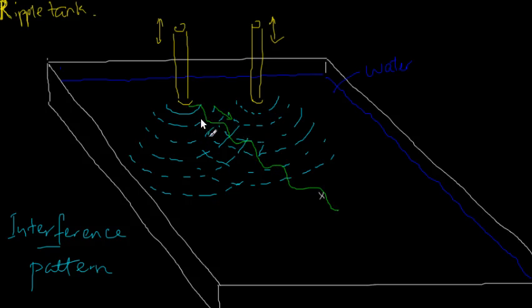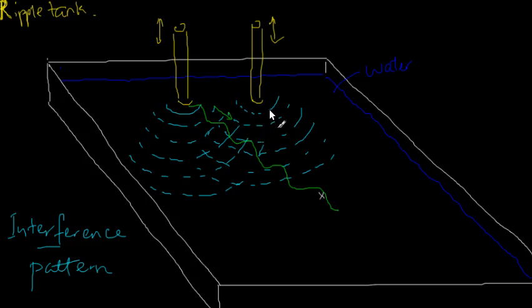And we expect that because these are ripples, and ripples travel outwards, and the peak is just a peak of one of the ripples that is spreading out. So let's have 1, 2, 3, 4, 5 peaks from the rod to this point.